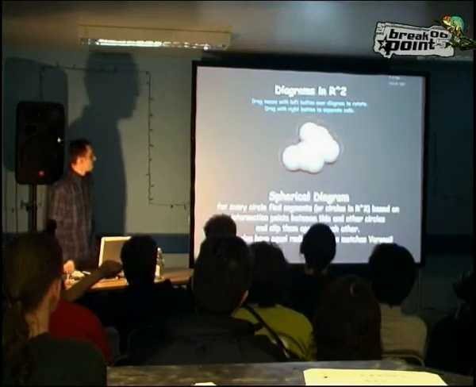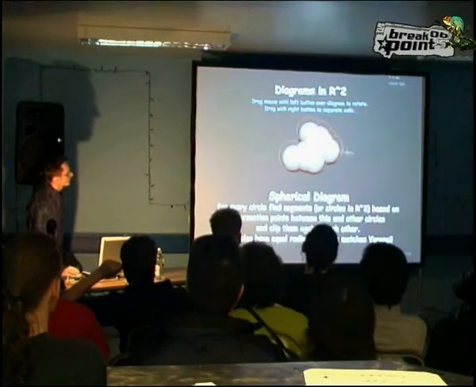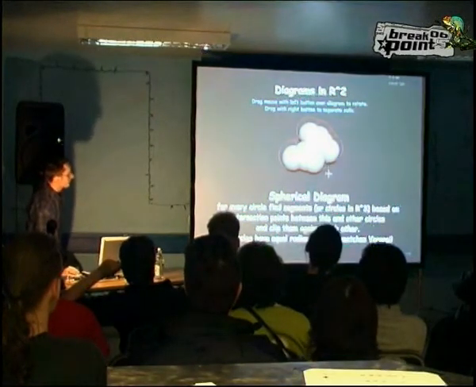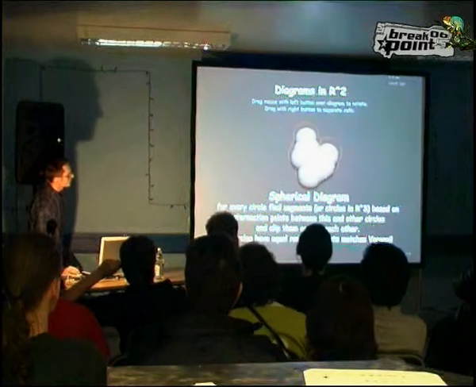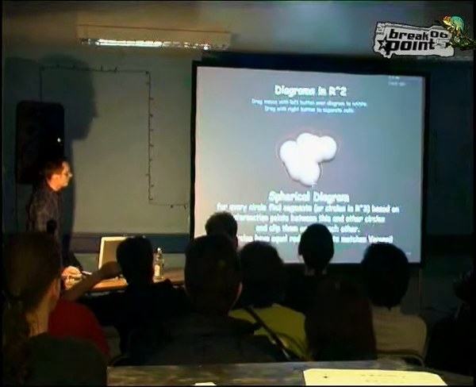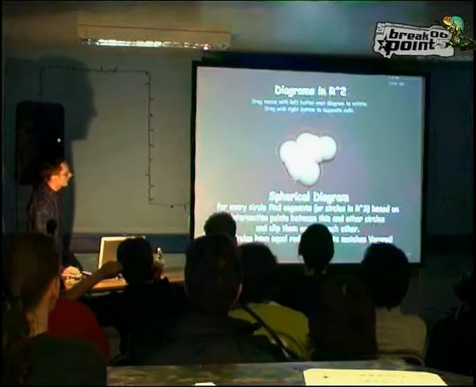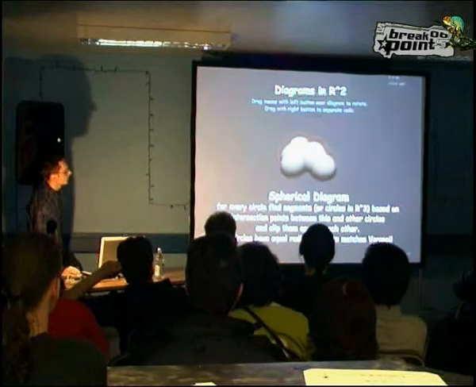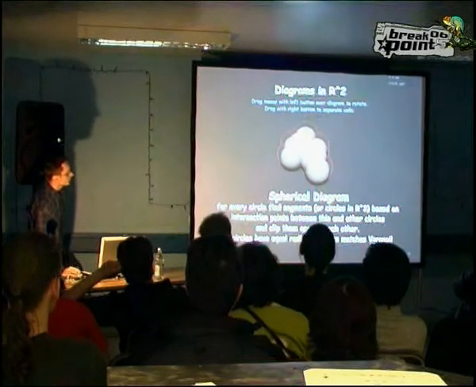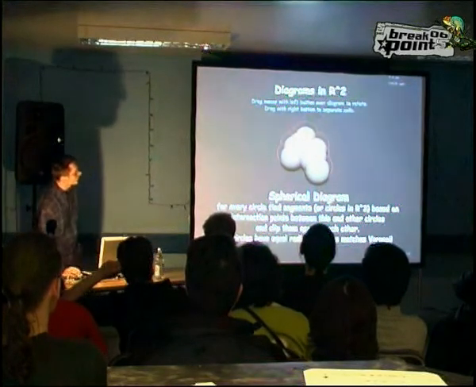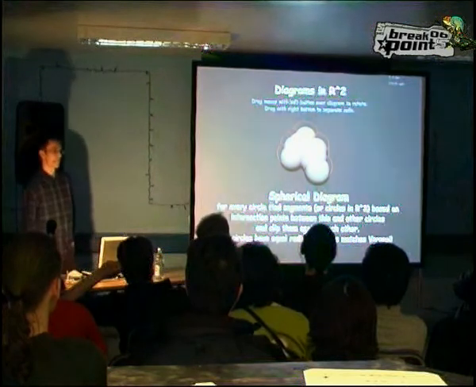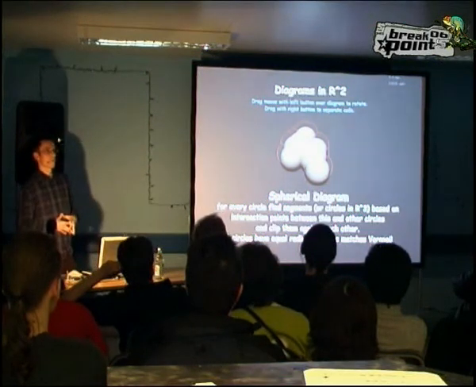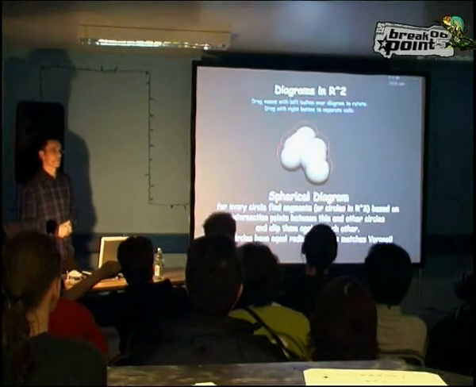Okay. Another diagram is the spherical diagram. It matches the Voronoi by the segments, but has circles around the diagram. It can also be made in a different way. Normally, there are many algorithms to calculate Voronoi diagrams.